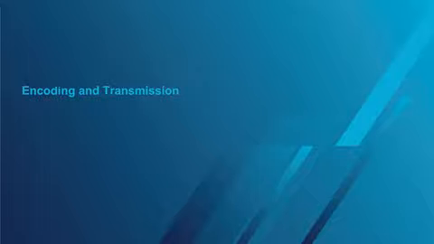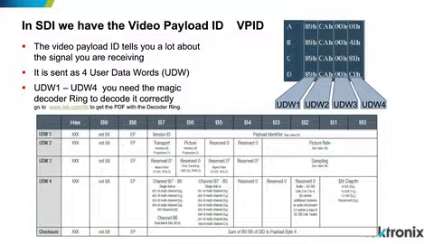So we have in SDI the VPID ID. And the VPID ID will tell us about the format of the video that is coming through to us. So the format of the video deals with what link it is, if it's quad link, is it 6 gig, 12 gig, is it 3G, dual link, and how are we getting this 4K HDR data to the waveform monitor or sending it.